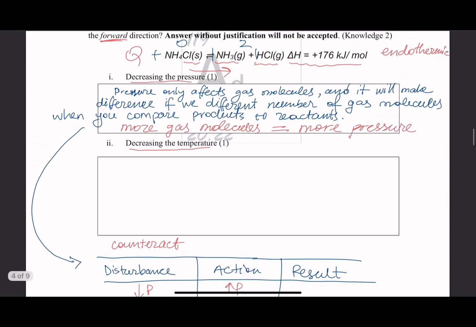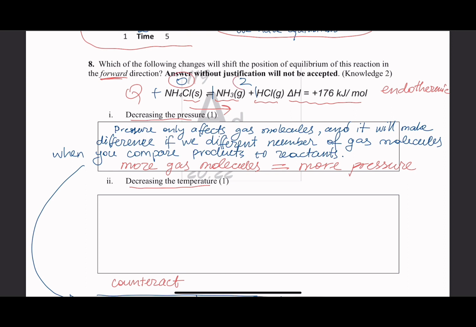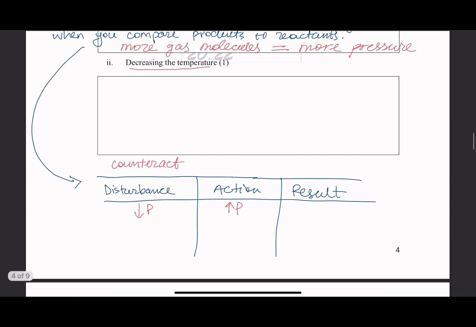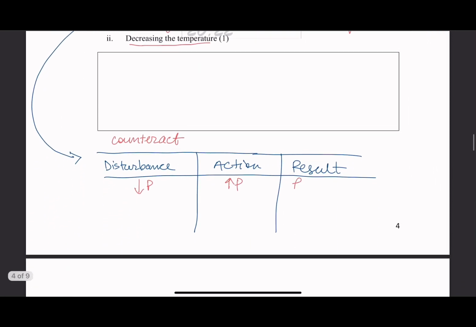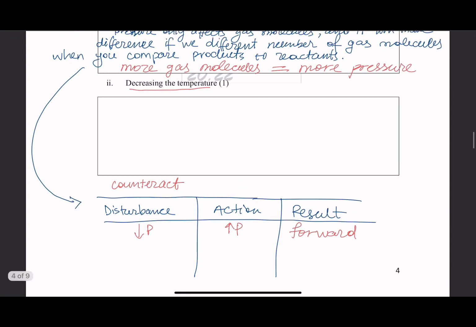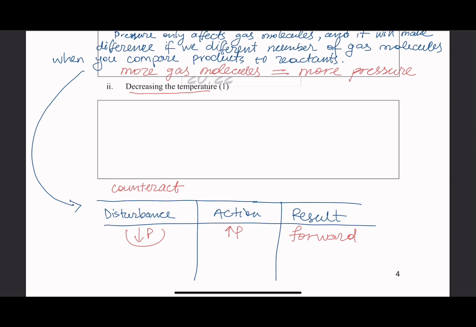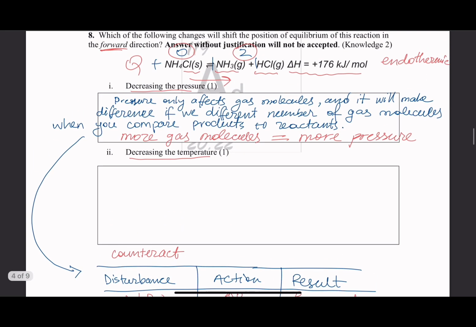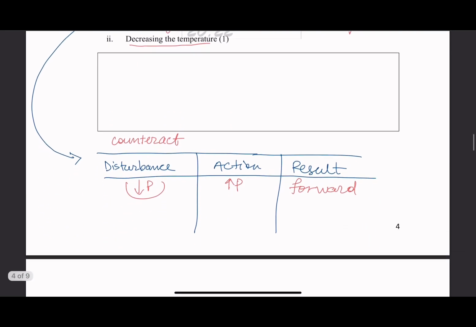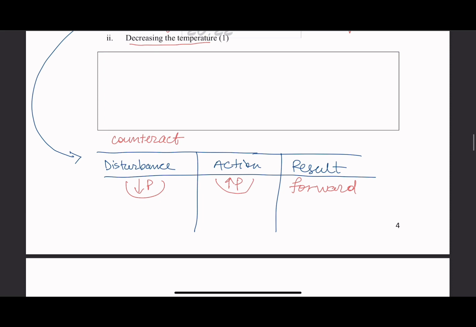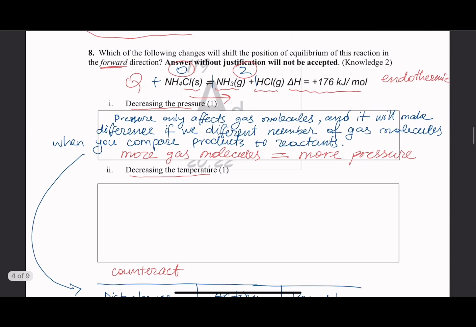So in here, because we have 0 on the left side and 2 on the right side, we will shift forward. If we decrease the pressure, the system will try to increase the pressure, which will happen by moving forward.